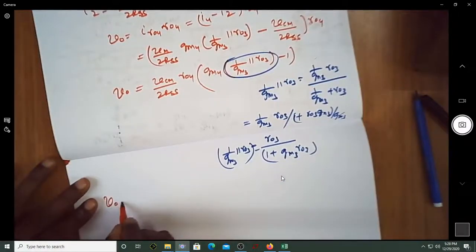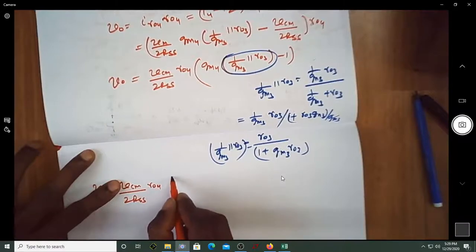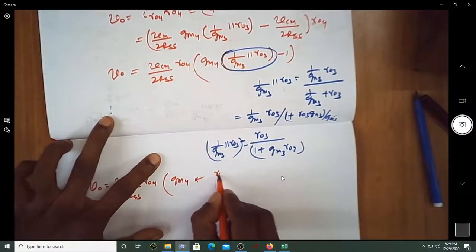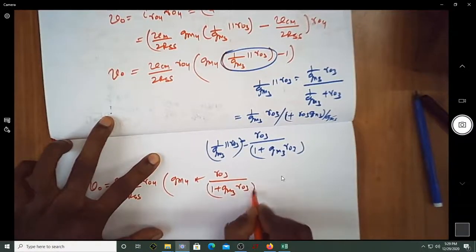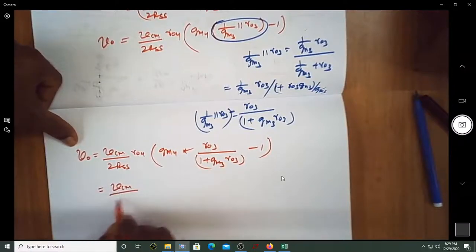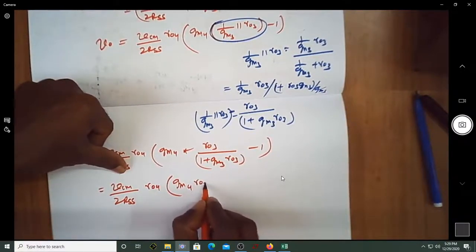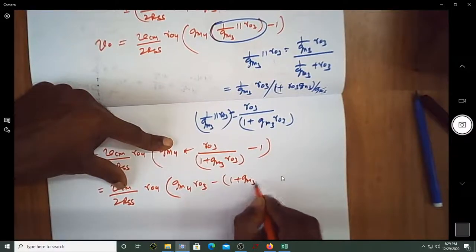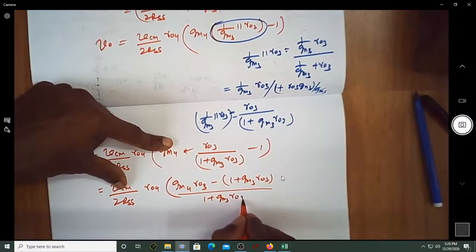So now my V0 becomes VCM by 2 RSS into R04 multiplied by GM4 into R03 divided by 1 plus GM3 R03, minus of 1. Now again let us take the LCM. This is VCM by 2 RSS R04 into GM4 R03 minus of 1 plus GM3 R03, divided by 1 plus GM3 R03.